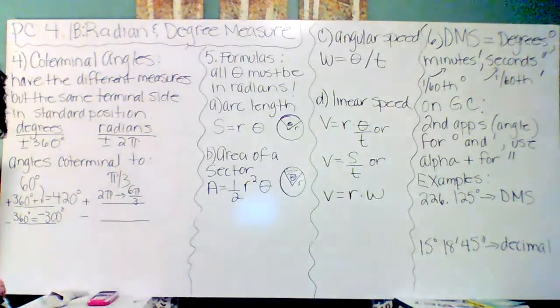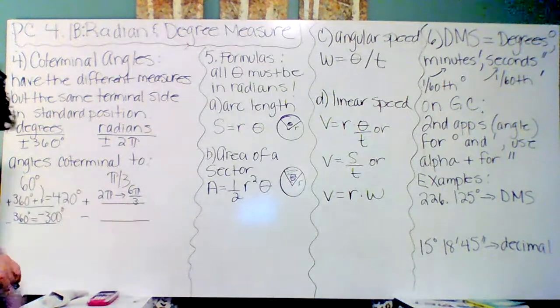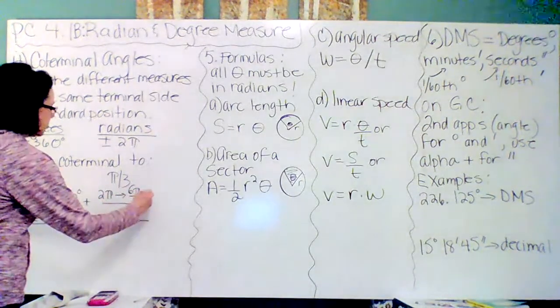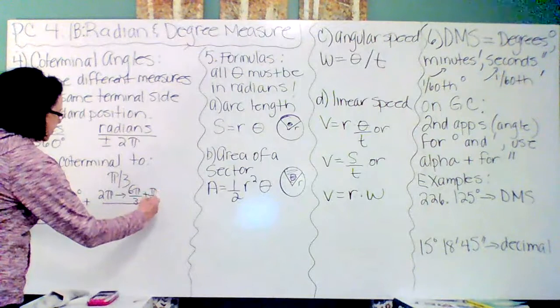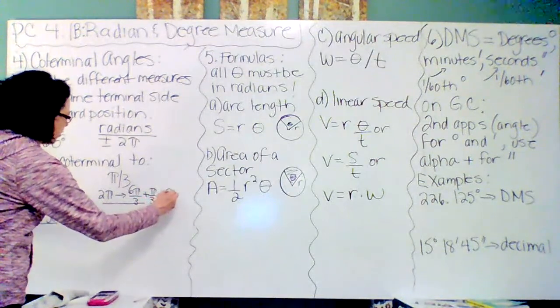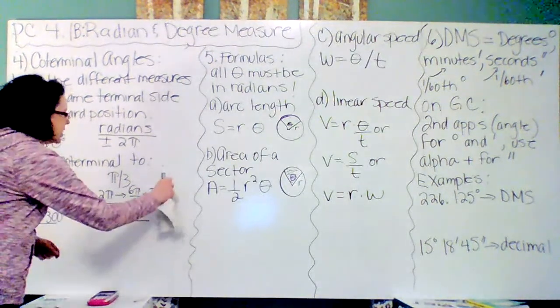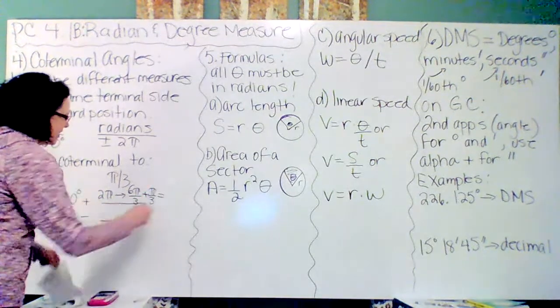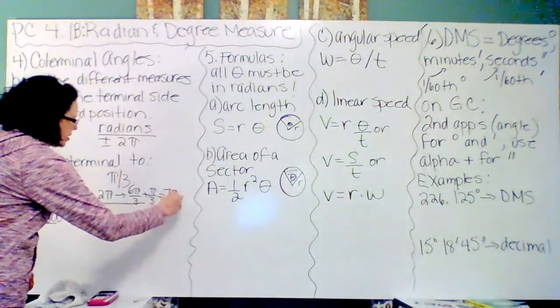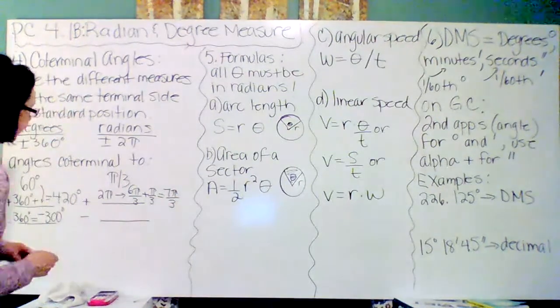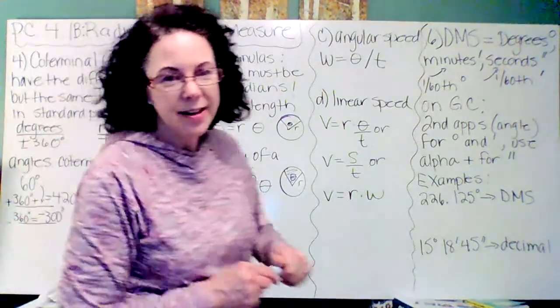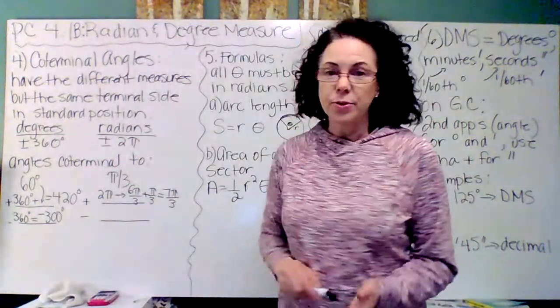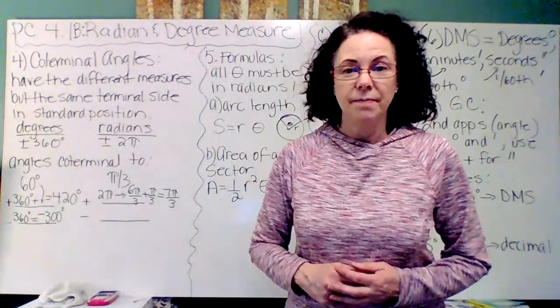Isn't that still 2 pi? Right? And we'll add it to pi over 3. And we get, oh, not 9, bad math, 7 pi over 3. There we go. If I rotated pi over 3, or I rotated 7 pi over 3, I would have the same terminal side.